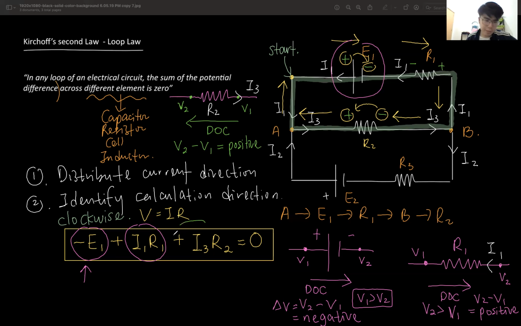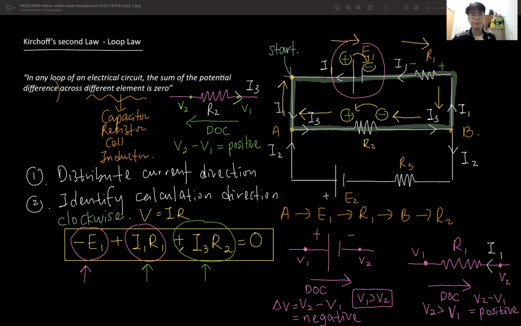So again, you have this plus, the potential difference is I3 times the resistance of the resistor here. This is why we have this minus and positive and positive, because we always take V2 minus V1. Whether it's positive or negative depends on which side has a bigger potential. That is the reason behind it.